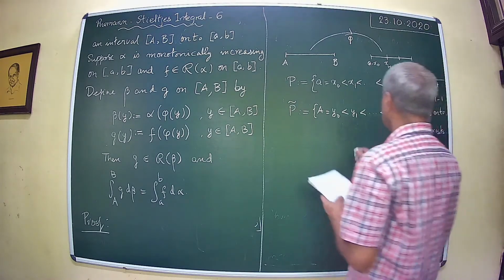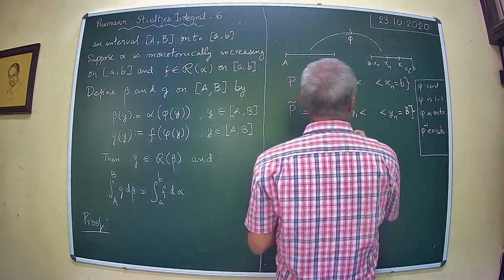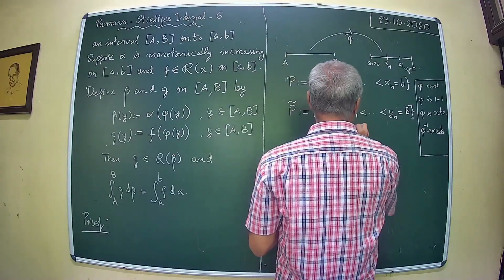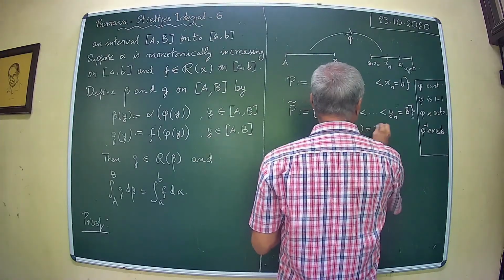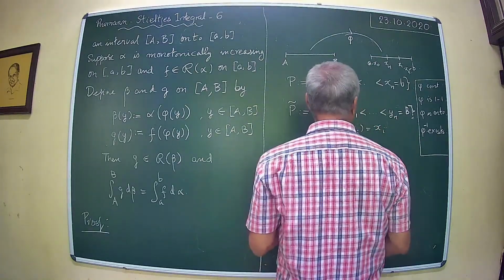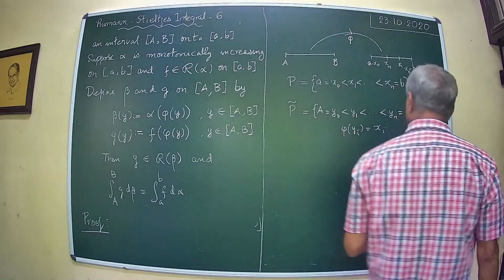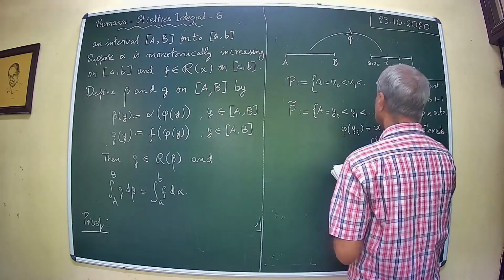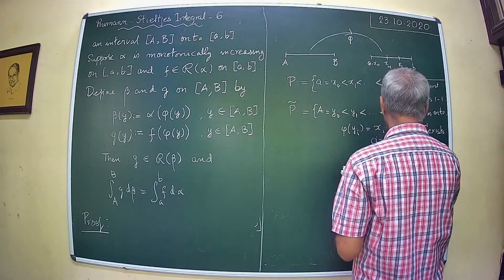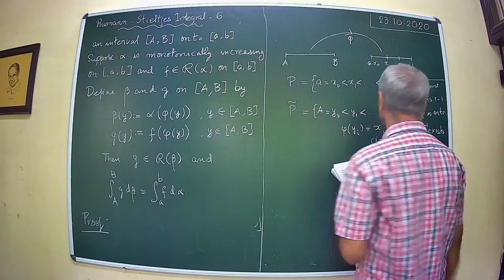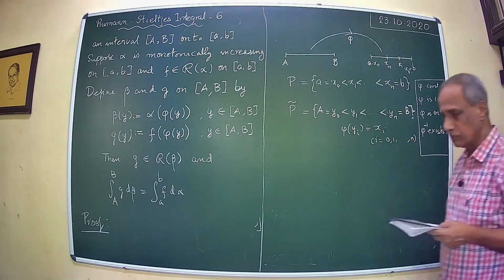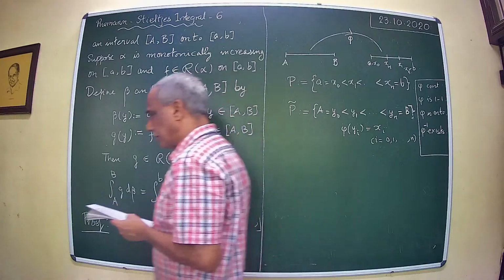You have phi of yi equal to xi, or phi inverse of xi equal to yi, for i equal to 0, 1. This is what you have. So that's what you have about the map phi.